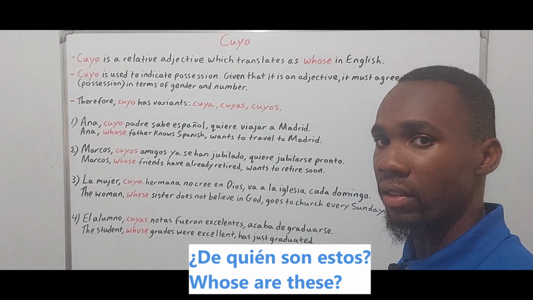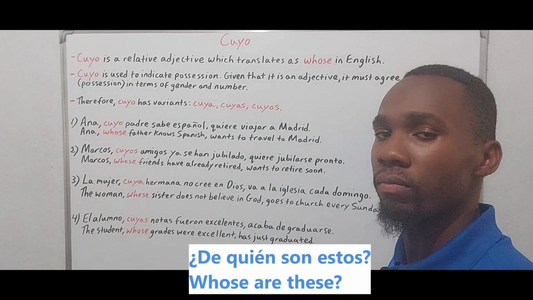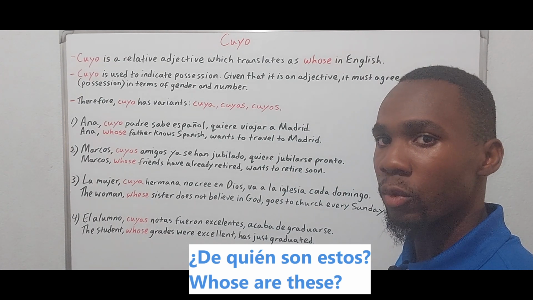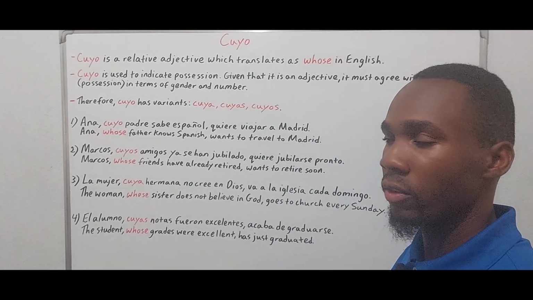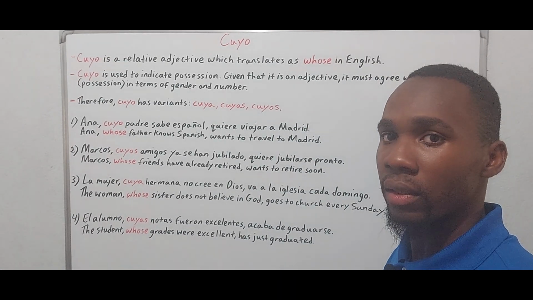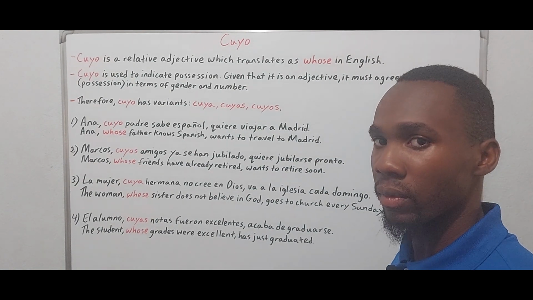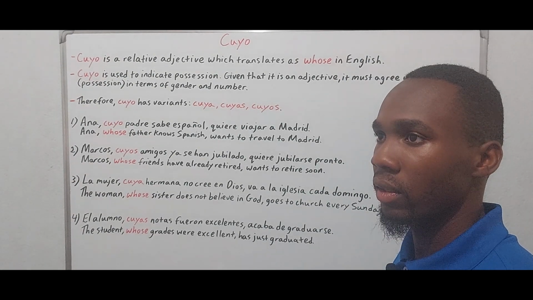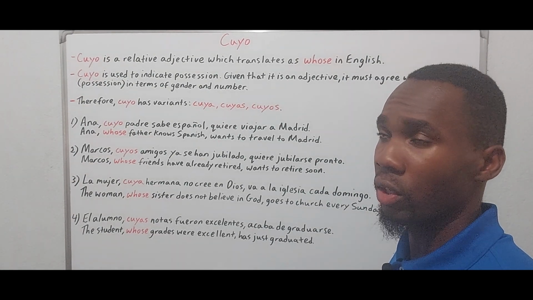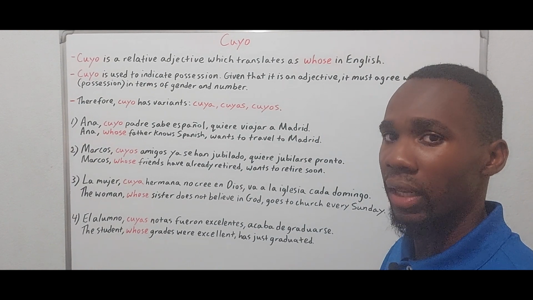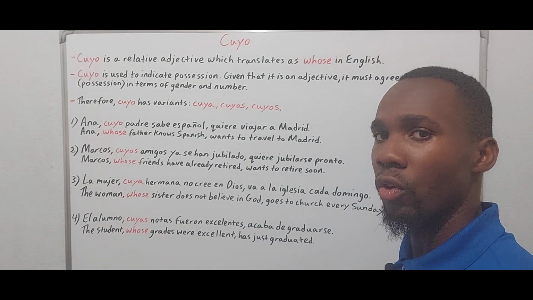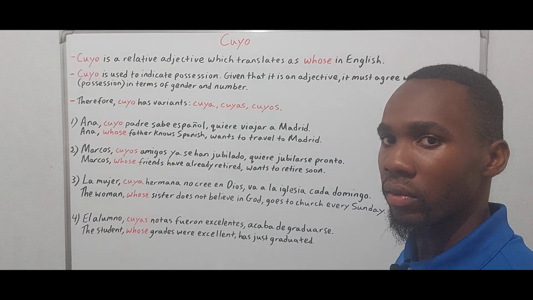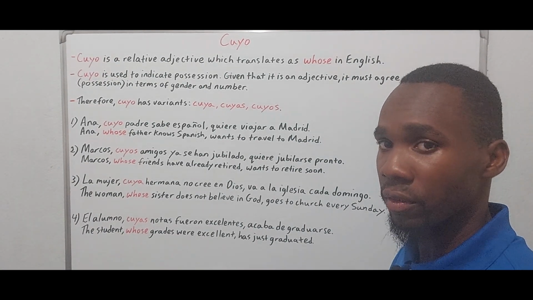Whose are these? ¿De quién son estos? Whose are these? So that is whose as an interrogative pronoun. And the examples earlier with gafas and lápiz, those were examples of whose as an interrogative adjective, okay?